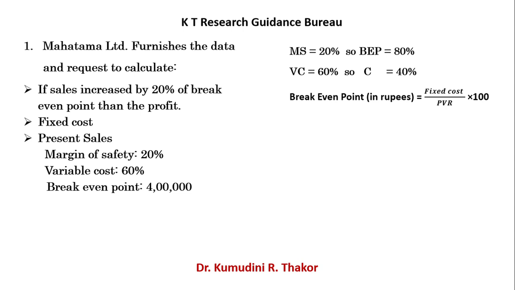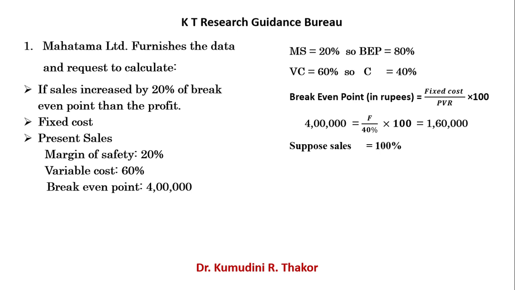Break-even point is given. PV ratio you find out. So 4 lakhs equal to F by 40% into 100. Then it is 1,60,000. So your fixed cost is 1,60,000.